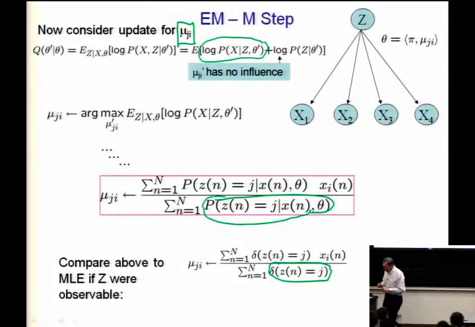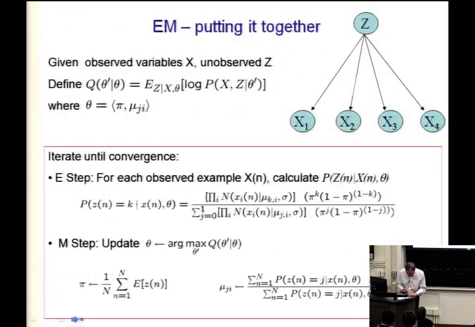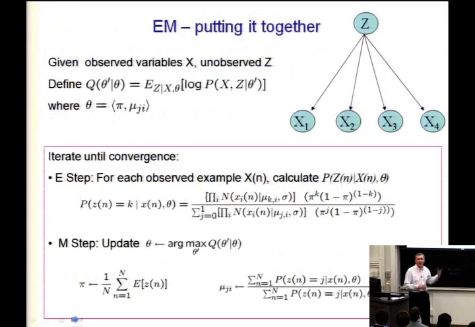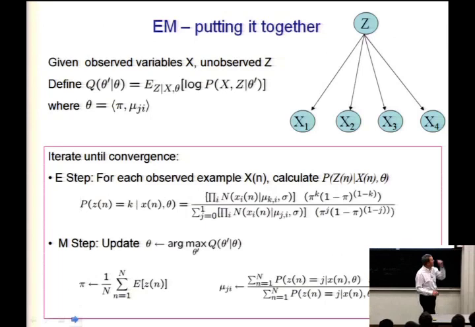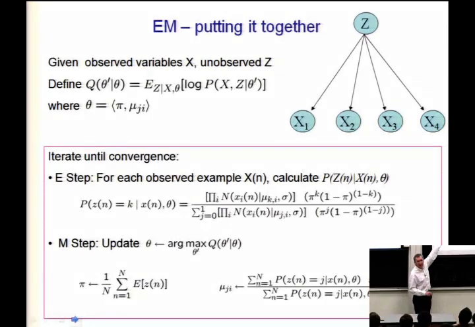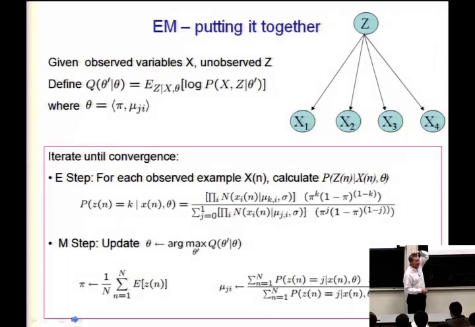So it's very nice. Putting it all together, here's an algorithm. You can implement it. It's very simple, even though the derivation of it was a little bit elaborate. If you want to write a mixture of Gaussians clustering algorithm, here you go. Get your data points.